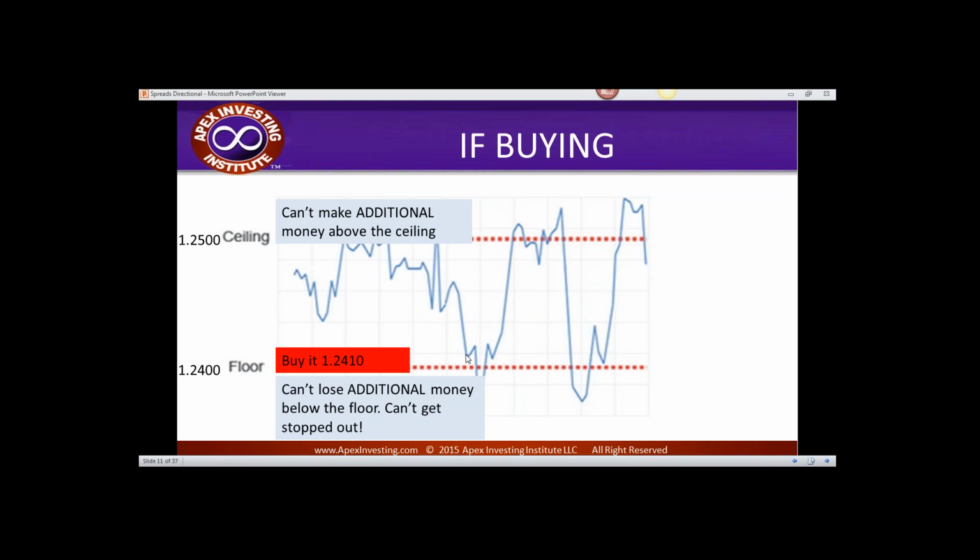What did I make on my spread when it moved up 10 ticks? 10 bucks. But what was my risk on my spread? 10 bucks. So I made a 1-to-1 risk-reward ratio on my spread. I risked 10 and I made 10. Made 100% there, right? On my binary, I risked 70 to only make 30.